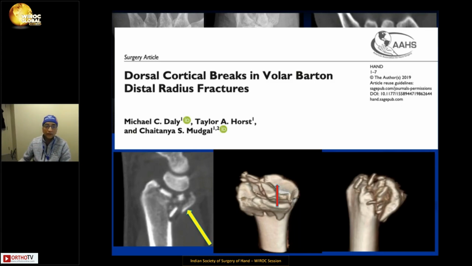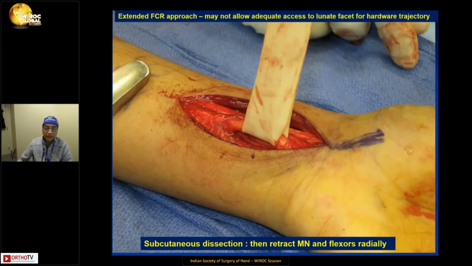So in this situation, I thought I could get away by doing a standard FCR approach, only to realize, when I approached the fracture, that my lunate facet was a separate fragment. Now remember that if you see a volar Barton, be prepared to look for the lunate facet because it might be a separate fragment 75% of the time nearly.